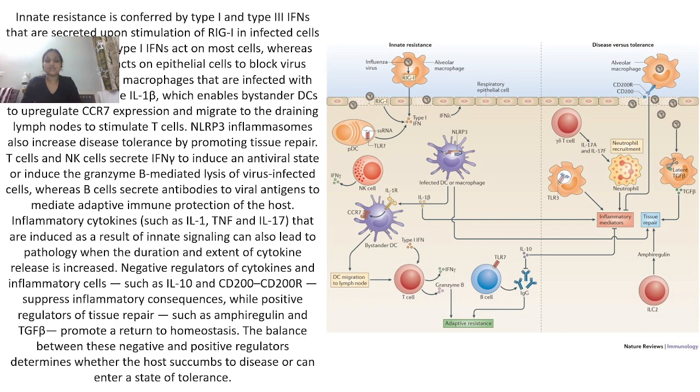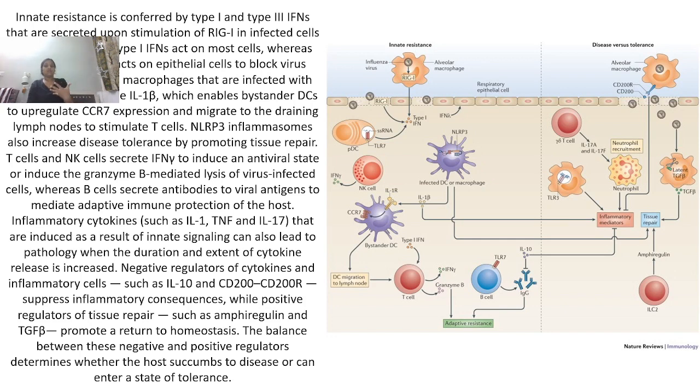So there are positive regulators as well as negative regulators, which actually determine whether a particular host is susceptible to a disease, whether he is tolerant to a disease, or whether he has succumbed to the disease. So if there is an excess of inflammation by the immune system and there are no positive regulators, then that person can succumb to the disease also, which might be the case for the people who actually died in these kinds of pandemics.